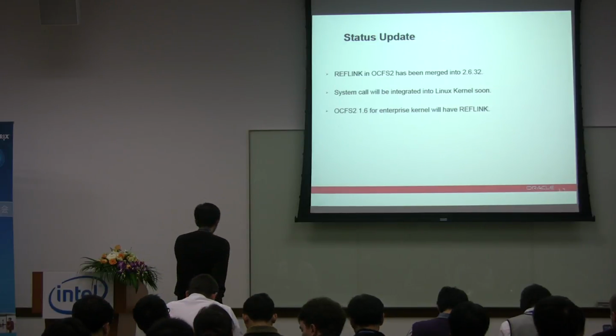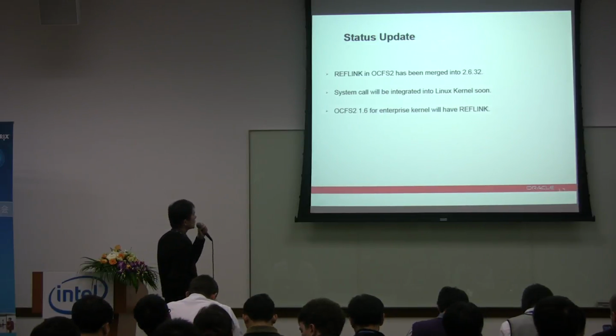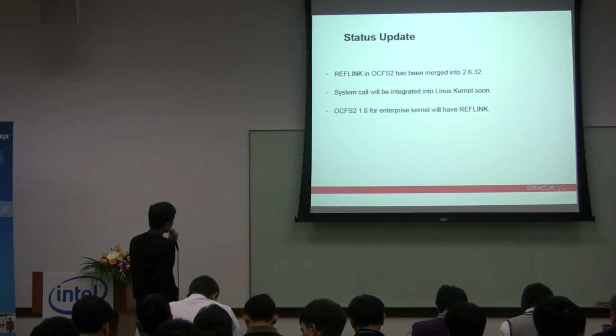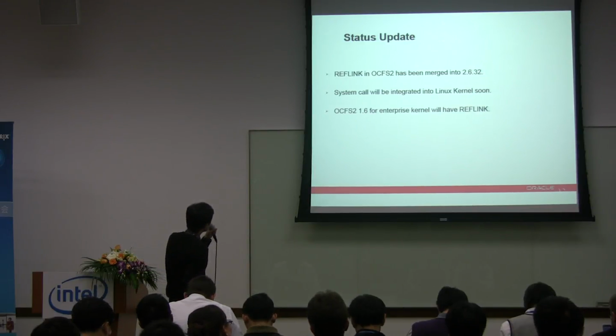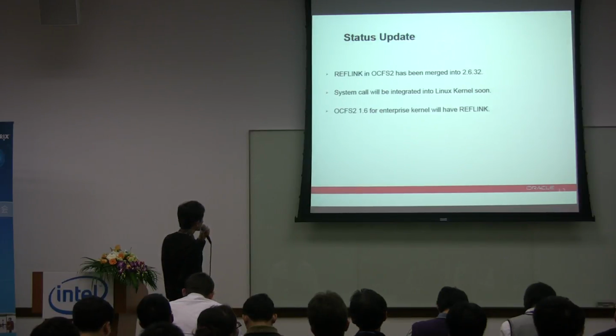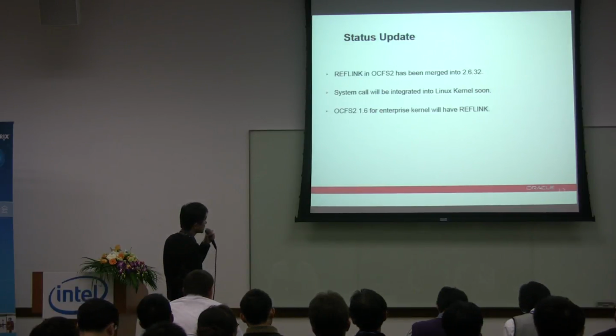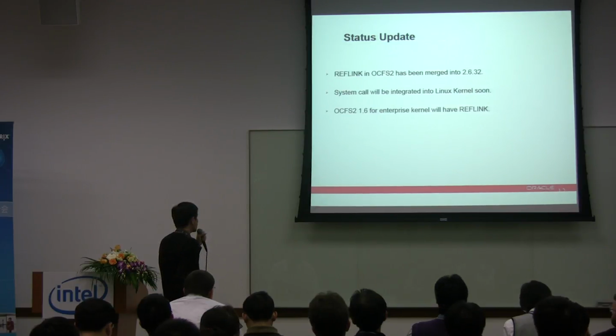And just as I said before, we at first promoted a system call called Reflink, but it hasn't been accepted by the kernel community, especially Linus. Linus has asked us to change it to another system call, maybe named copyfile.